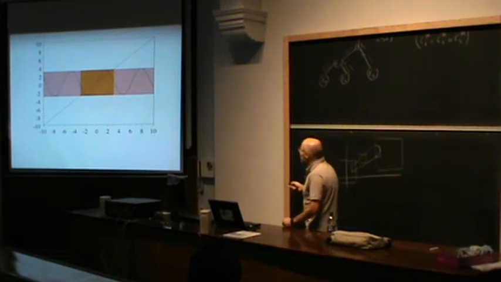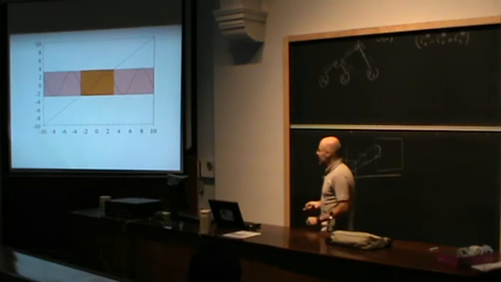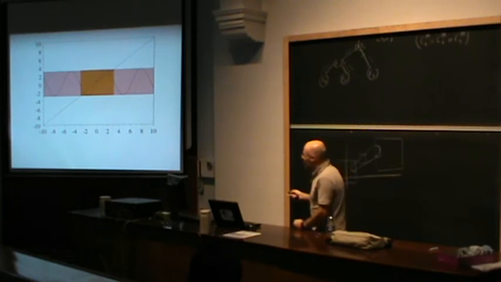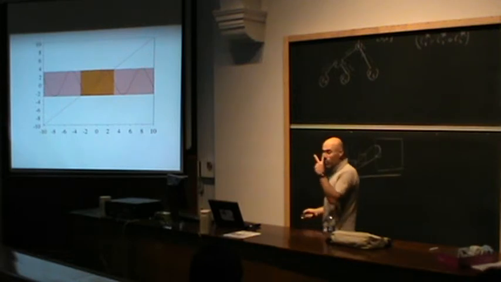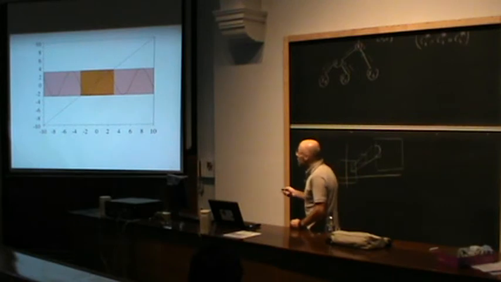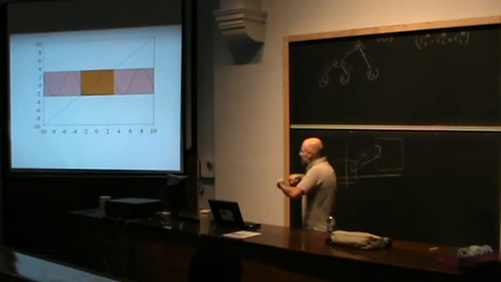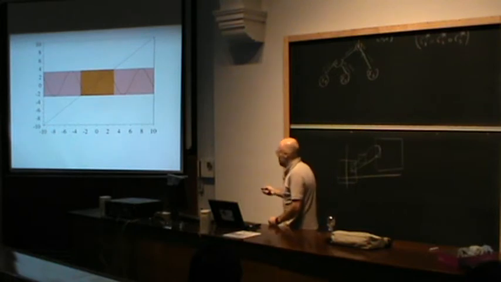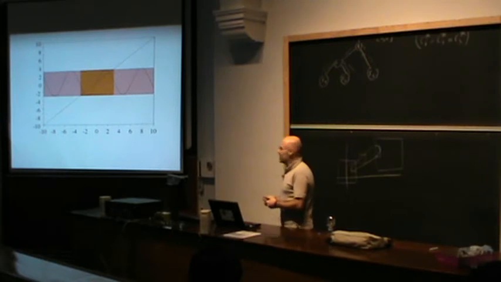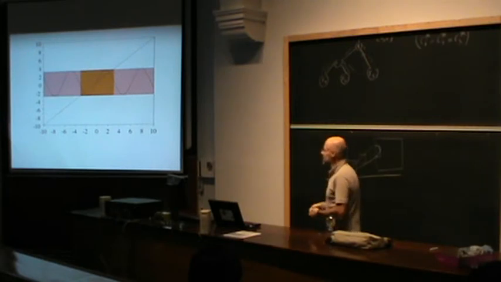So each contractor is not able to contract the current box, and I will have to bisect. You can see the contractors for the sine and for the line were both optimal, but the combination of both, even if I reiterate, is not optimal. It is what we call the local consistency effect.